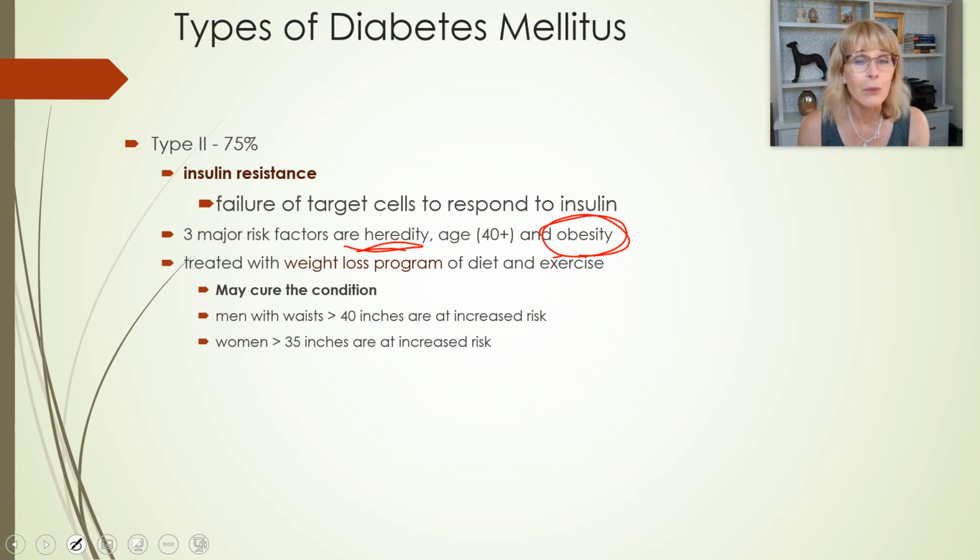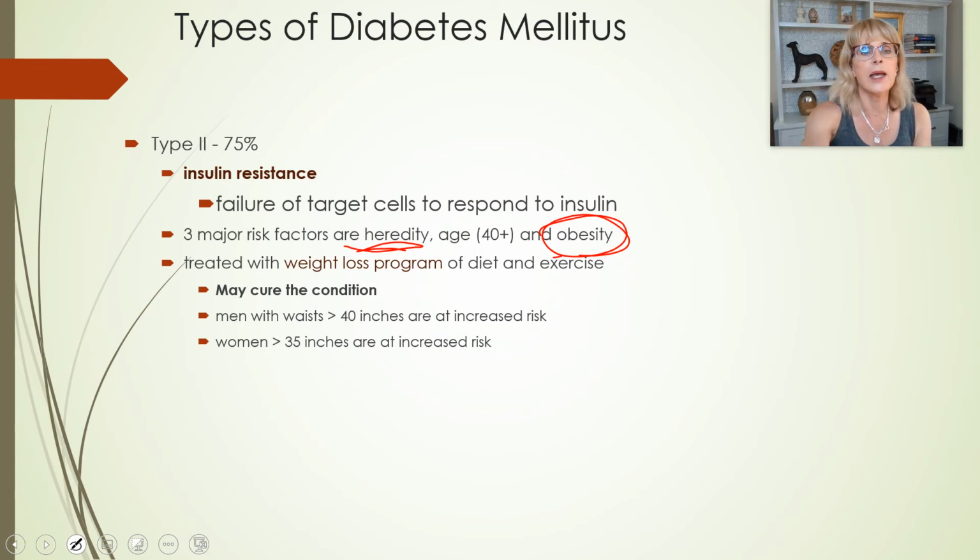And we really don't know what it is, but we do know that if a person, let's imagine a person is really obese, right? Like they're a good 60 pounds overweight, right? If they will lose even 10 or 15 pounds, that can be enough to cure their type 2 diabetes.